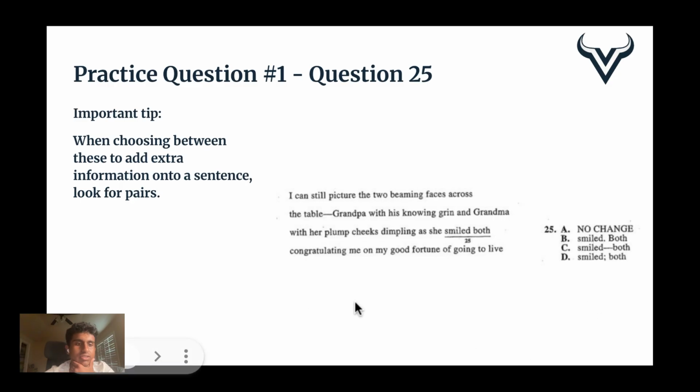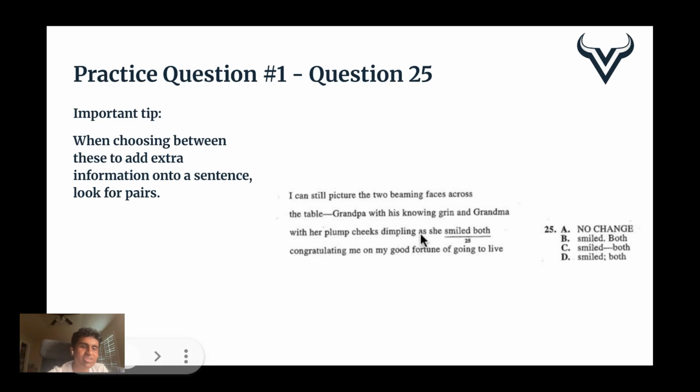So yeah, use the tip when choosing between the four that we covered, commas, hyphens, semicolons, and colons. To add extra information onto a sentence, you want to look for pairs. So in this case, I can still picture the two beaming faces across the table, Grandpa with his knowing grin, and Grandma with her plump cheeks dimpling.